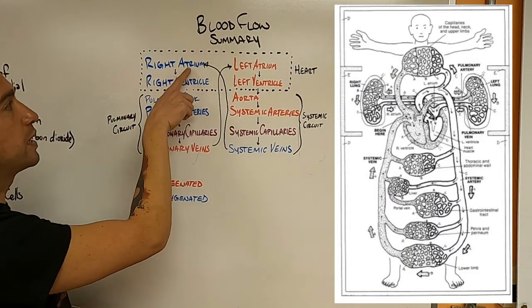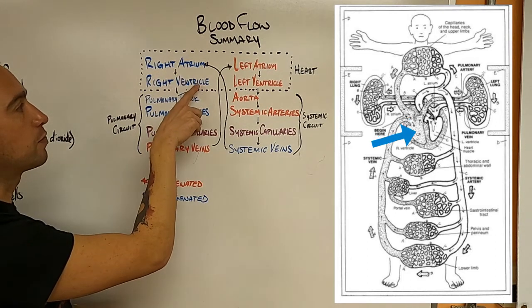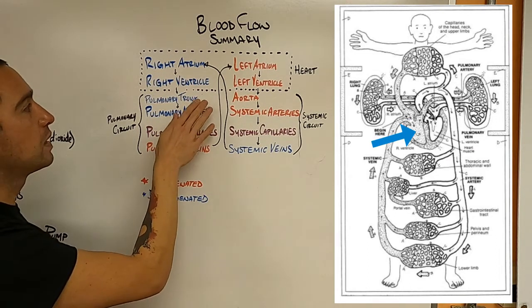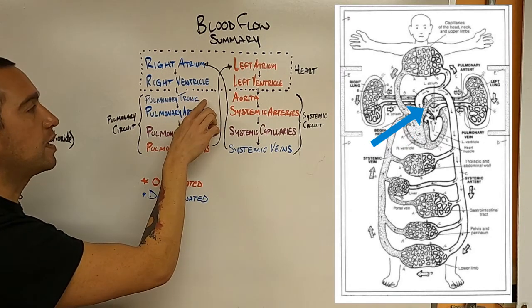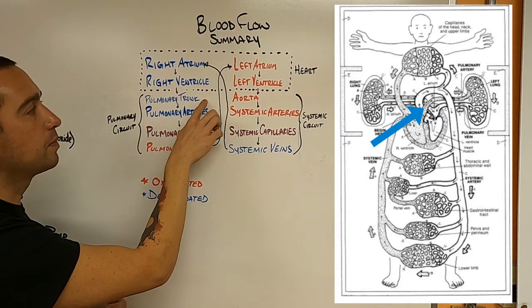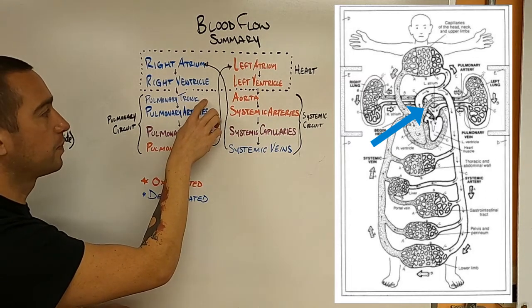That blood cell would start in the right atrium, move to the right ventricle, where it would be pumped out to the pulmonary trunk. That is the largest artery in the pulmonary circuit.